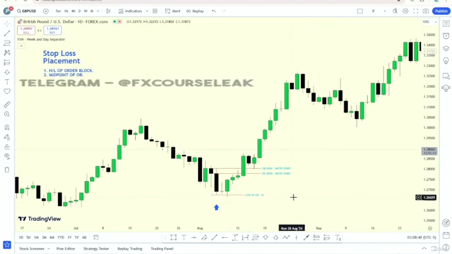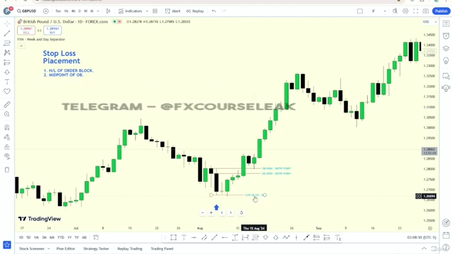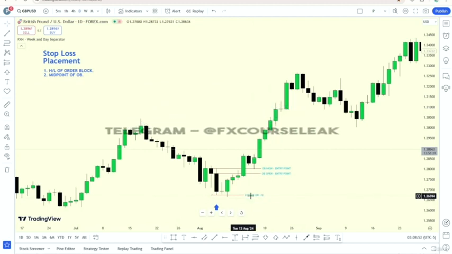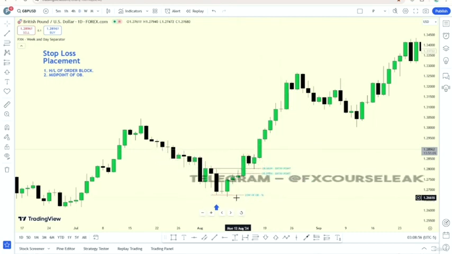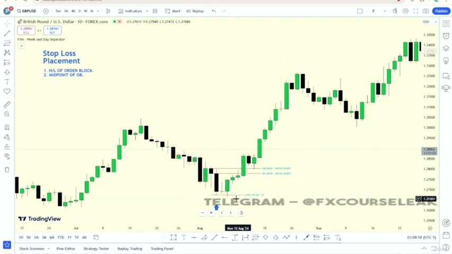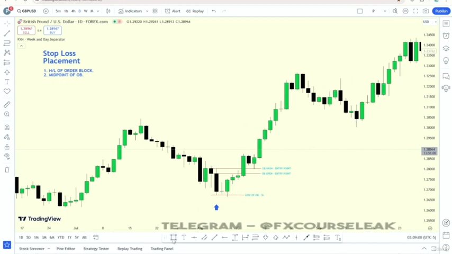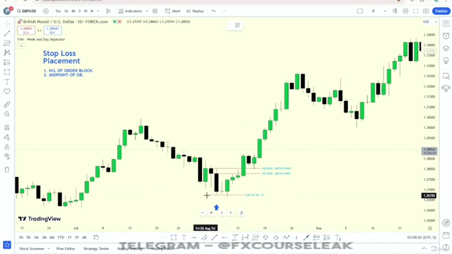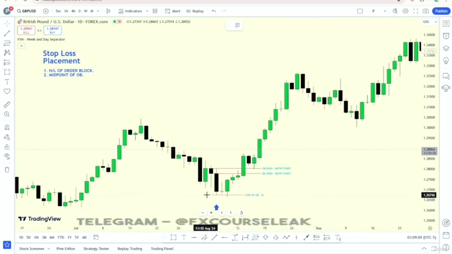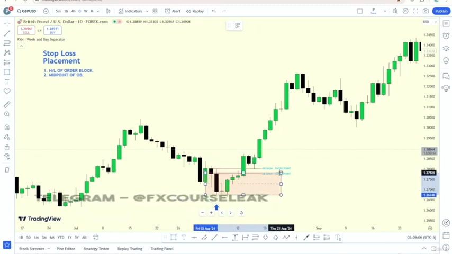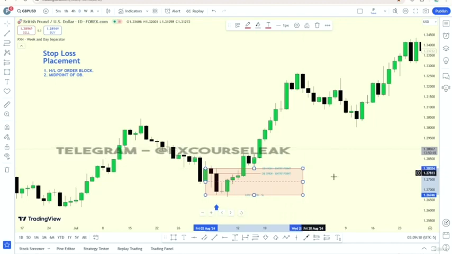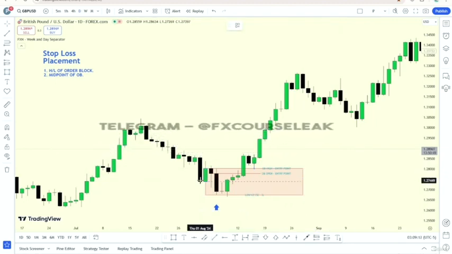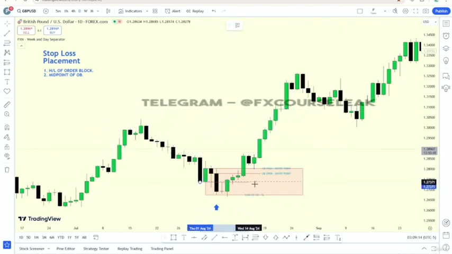And again, as we said, this is a conservative area where you can place your stop loss. Make sure that you are subtracting at least 2 to 3 pips below it. The more aggressive place you can place your stop loss is the midpoint of the order block. Once we have the entire order block's range, we can determine that midpoint right there.